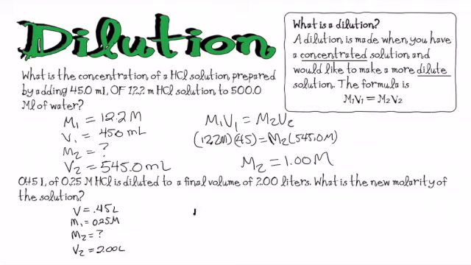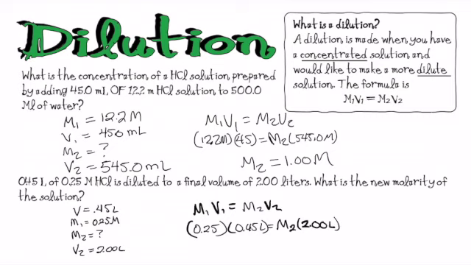So we plug in to our formula, M1V1 equals M2V2. M1 is 0.25 times V1, 0.45 liters, is equal to M2 times V2. So when we solve for M2, we get 0.056 molar.